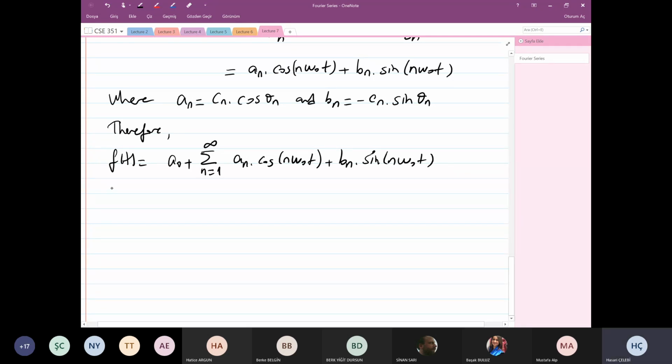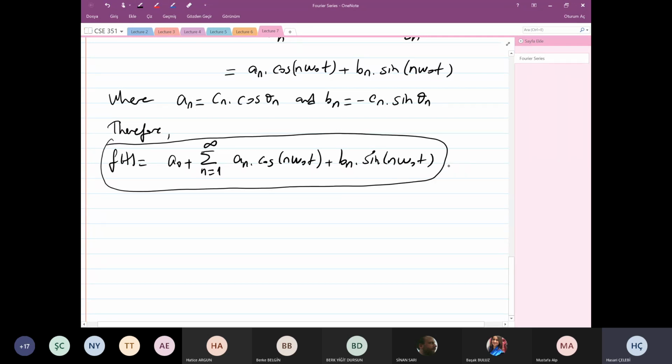This is called the trigonometric Fourier series, and this is equal to f of t equal to c0 plus the sum from n equals 1 to infinity of Cn times cosine n omega 0 t plus theta n.